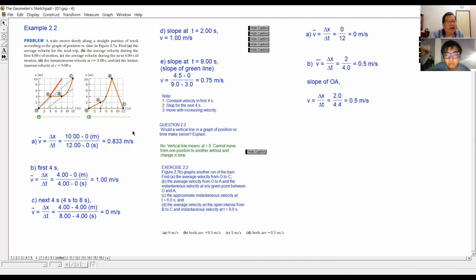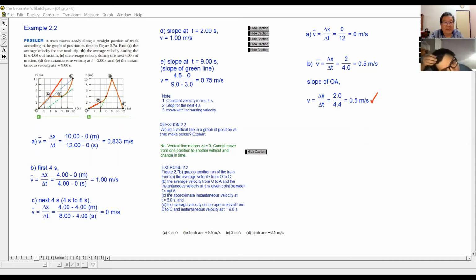Then at any other point along this straight line here, will the gradient be the same because it's the same straight line? Yes, because any point along this line OA shares the same gradient as OA. So it's still 0.5, correct.